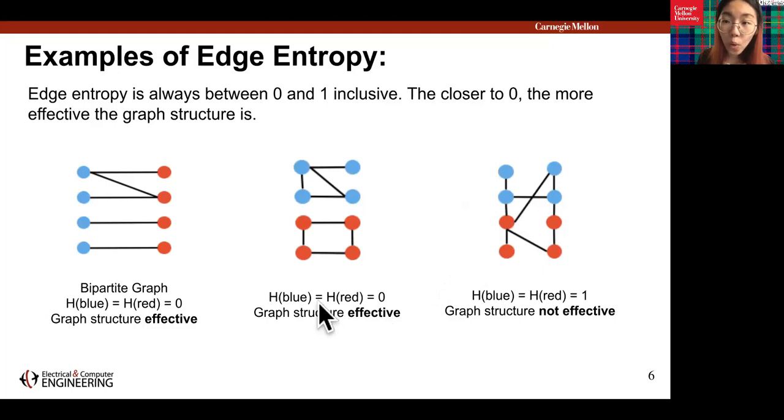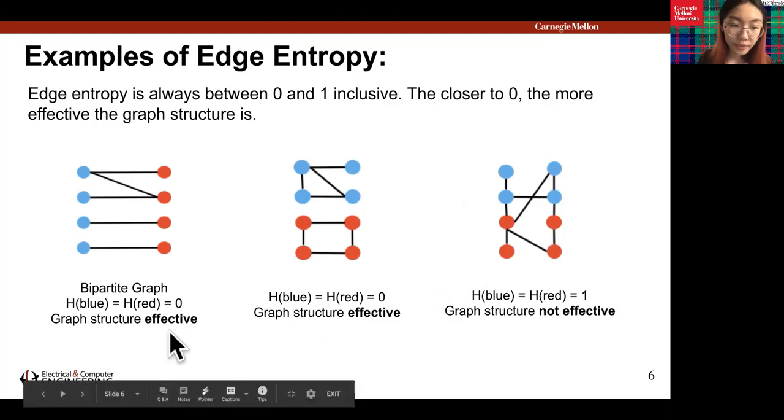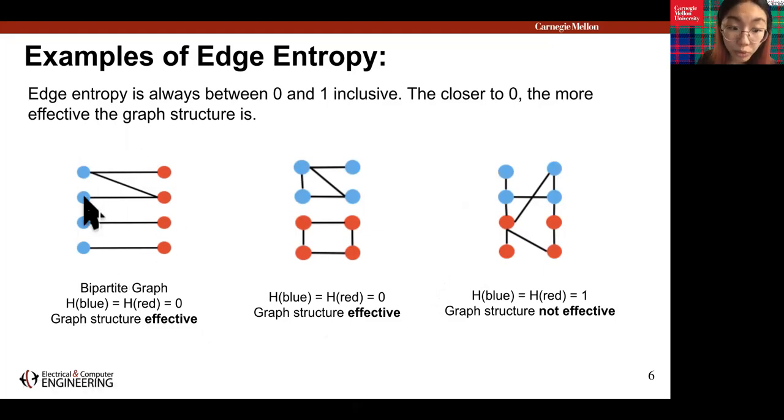So again, we say a graph structure is effective if its edge entropy is close to 0. Let's first look at this bipartite graph. The blue nodes always connect with red nodes, and red nodes always connect with blue nodes. So in this case, the edge entropy is 0, and the graph structure is effective.